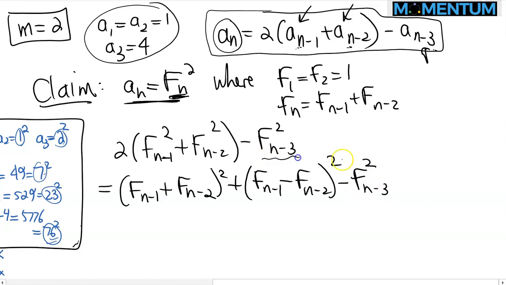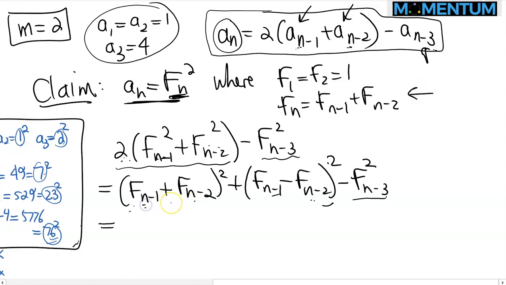I didn't change the last term, it's still there, but you guys need to confirm that when you add up these two expressions, it gives me exactly this one, which makes sense, right? Because f sub n minus 1 squared here, f sub n minus 1 squared here, 2 f sub n minus 1 squared, that makes sense. And then similarly, we'll get 2 f sub n minus 2 squared. But then the 2 times f sub n minus 1, f sub n minus 2 here has a positive sign, the same expression with a negative sign here, so done, right? So this is correct so far. But wait, the definition of f sub n is such that it's equal to this.